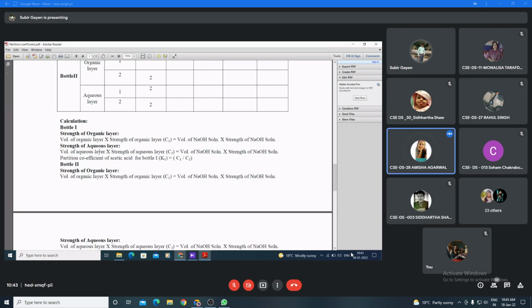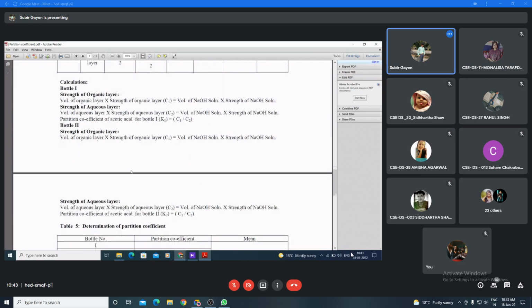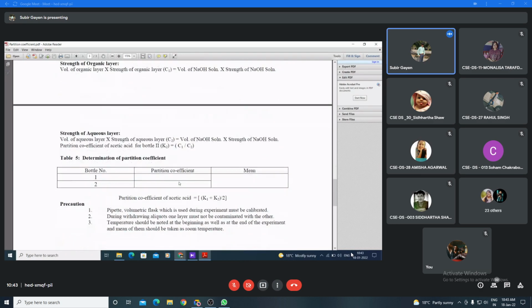Here is all the calculation you can see there. Then you have to determine the mean partition coefficient for bottle 1 and bottle 2, then write the mean partition coefficient.